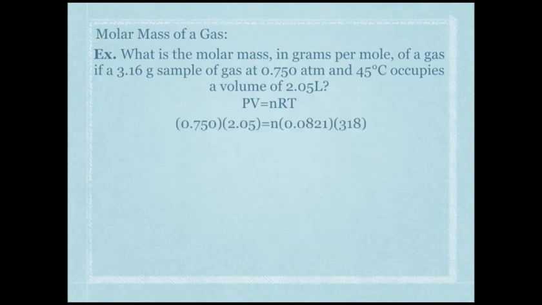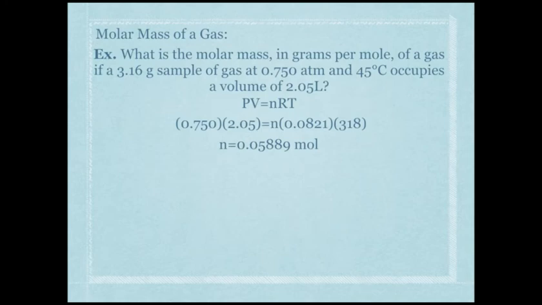Okay? I'm going to take 0.750, multiply it by 2.05. Then I'm going to divide whatever I get for that product by 0.0821, and then divide that by 318. And what you get is your number of moles, which is 0.05889 moles.